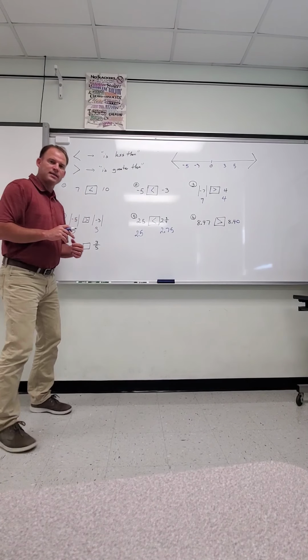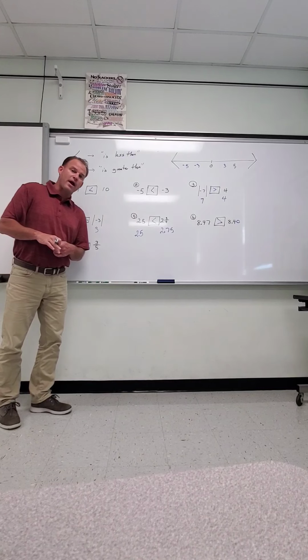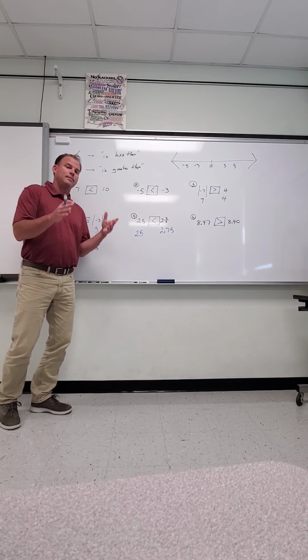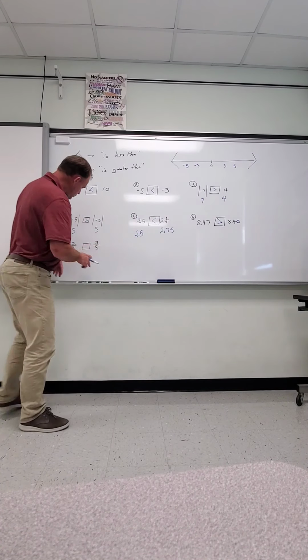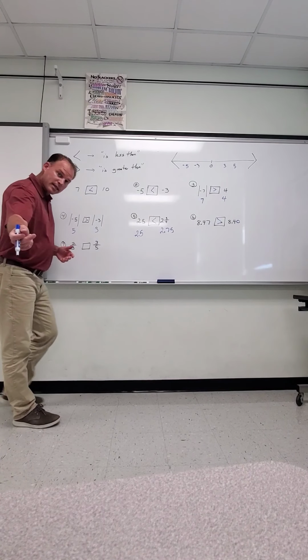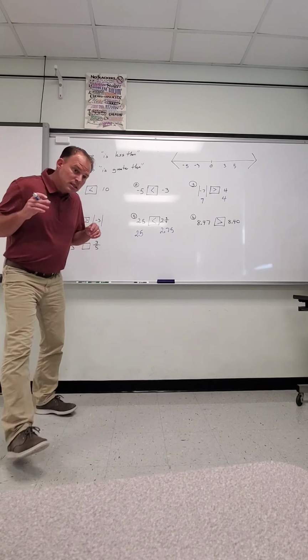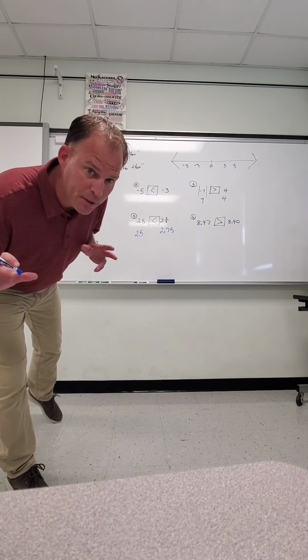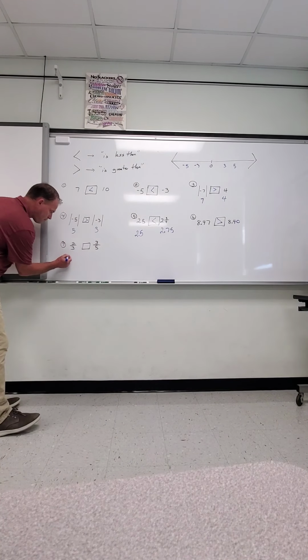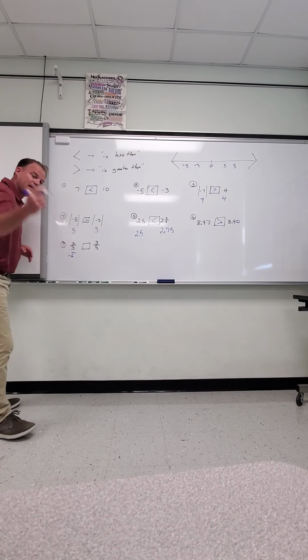And one more example. If everything's a fraction, again, turn both of them into decimals. 2/3. Get out that calculator. 2/3 as a decimal. Some of you might know this off the top of your head. 0.6 repeating.